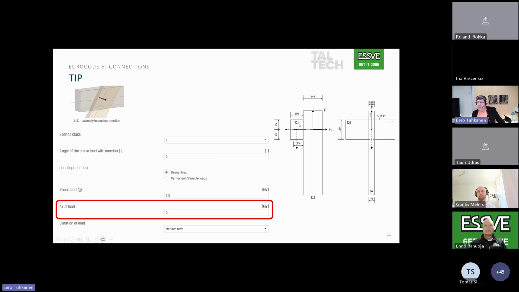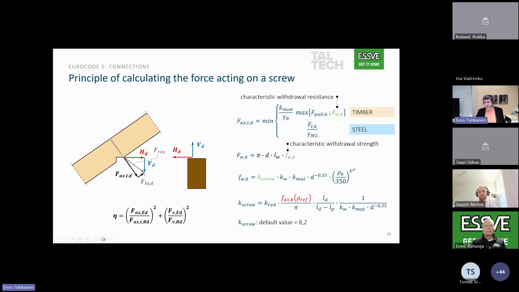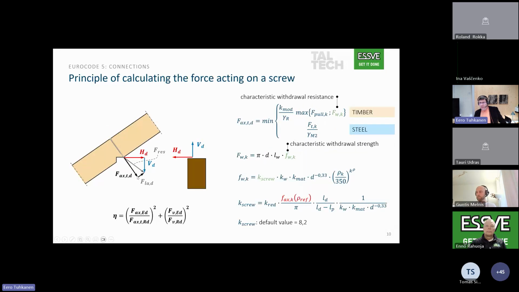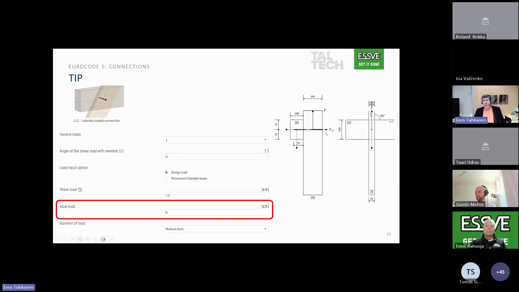It doesn't matter that the sole plate is not under a certain angle, because for the calculation the screw is still under 90-degree angle to the wood, but you can put here this shear load, which is this lateral part of the load, and the axial load you can add directly, which is here on the last slide, this F_ax, and you can find whether it takes the force or not, so you can get some benefit from the software here.